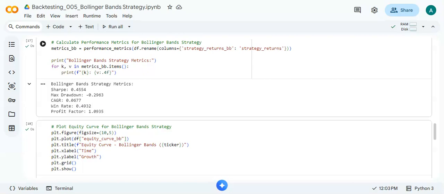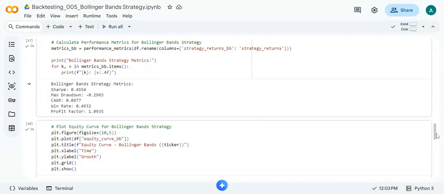So more or less it's positive and brings us more than 5%. Win rate is below 0.5, it's 0.49. Profit factor is around 1, which is more or less acceptable, meaning that our gross profits and gross losses are on the same page.